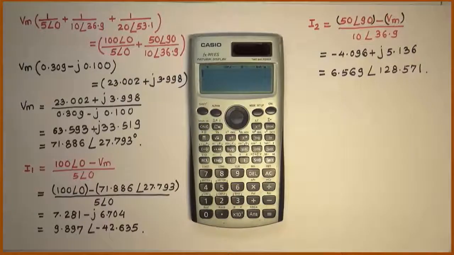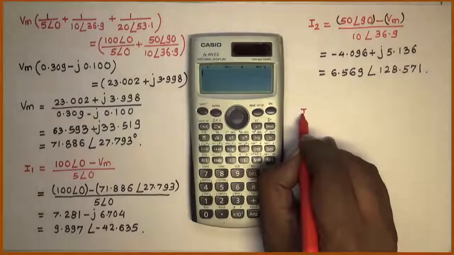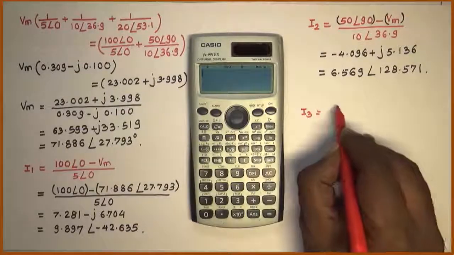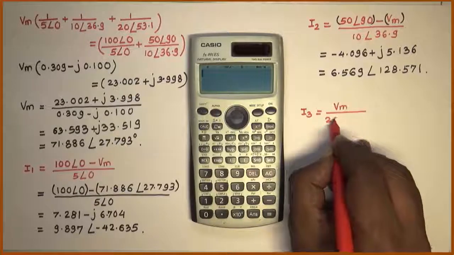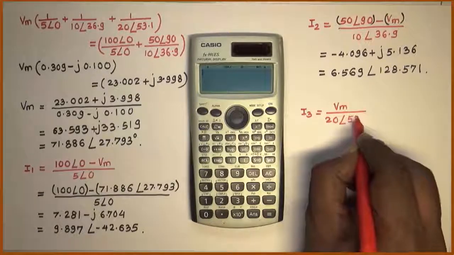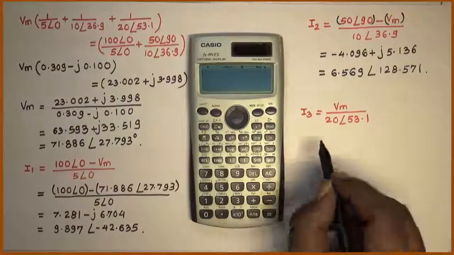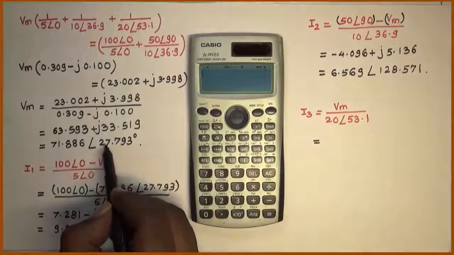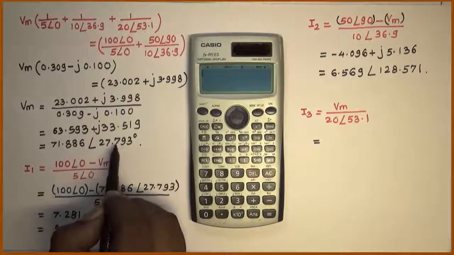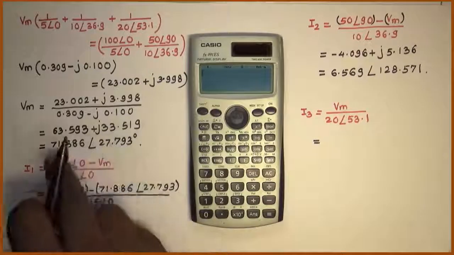One more calculation we performed was I3 is equal to Vm divided by 20 angle 53.1, equal to. Again Vm, I can use this value or this value. If I go for this again, it is 71.